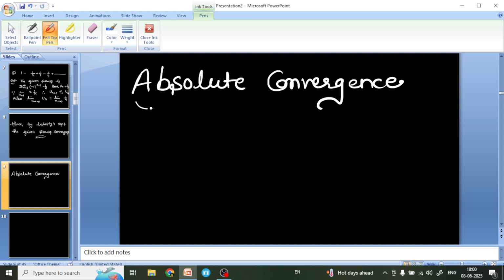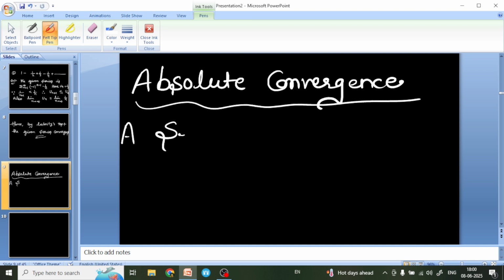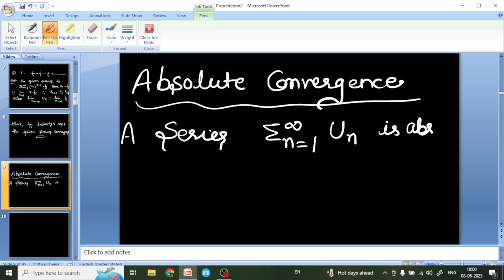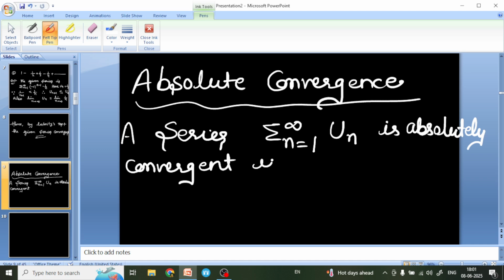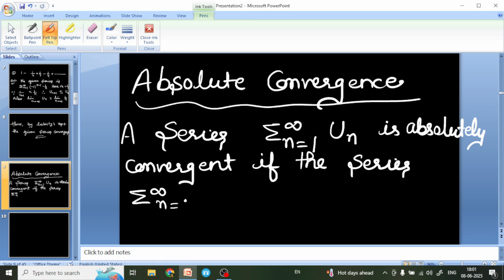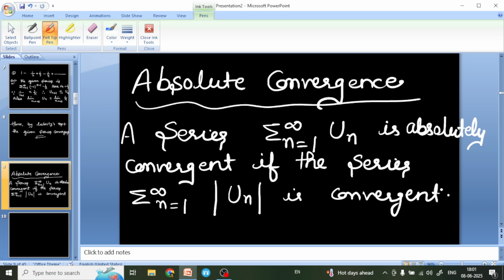A series sigma infinite n is equal to 1 of un is absolutely convergent if the series sigma infinite n is equal to 1 of modulus of un is convergent. If this is convergent, then we can say it is also absolutely convergent.